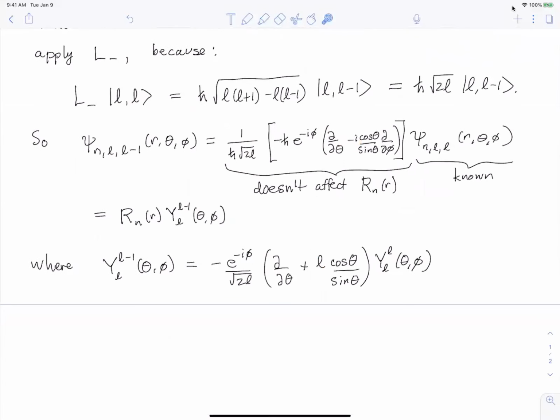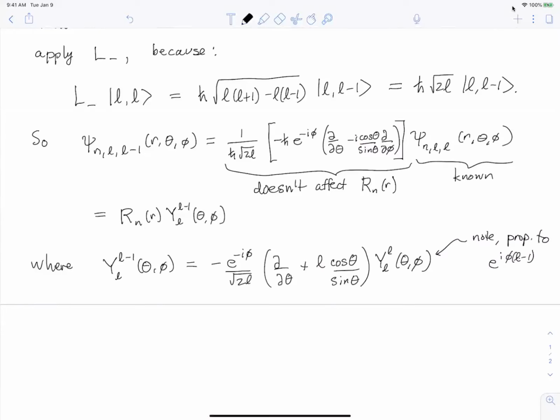Another interesting, or useful, thing about this is notice that this is proportional to e to the i phi times L minus 1. So we already know how this thing depends on phi without doing any work.